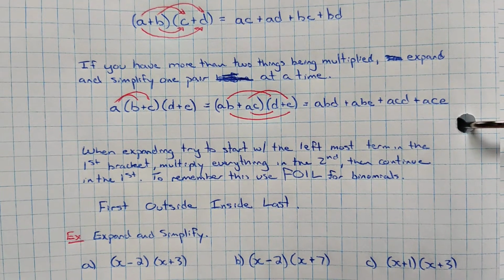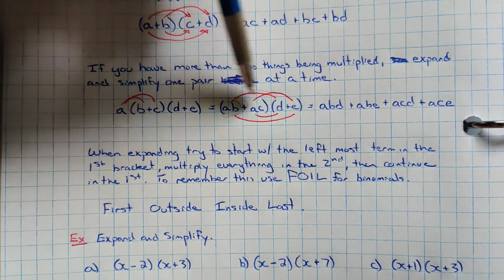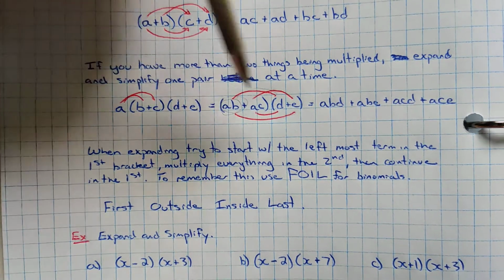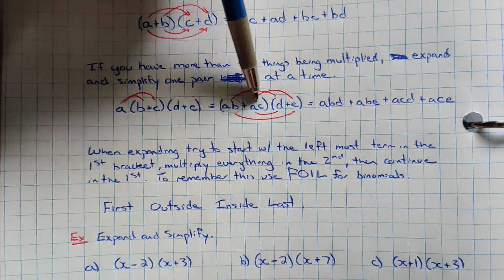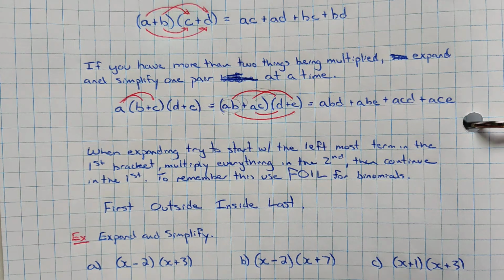When you are expanding, generally, best practice is to start at the leftmost term in the first bracket and multiply everything in the second, then move on to the next term and multiply everything in the next bracket. A way to remember this process is using the word FOIL.